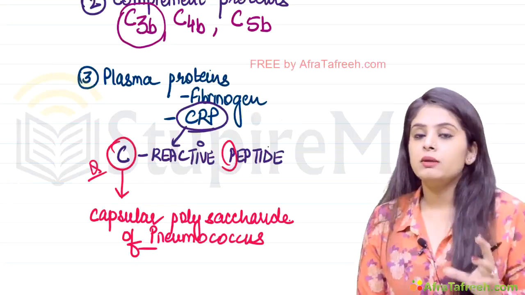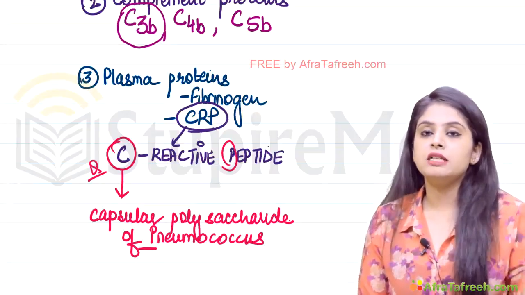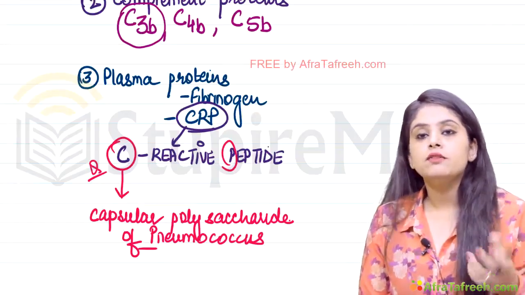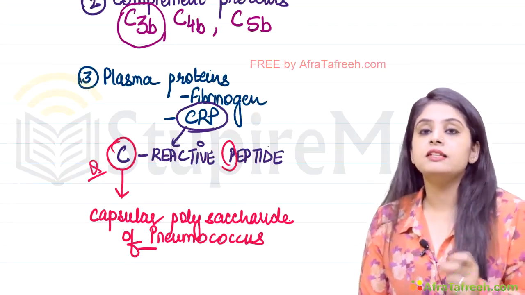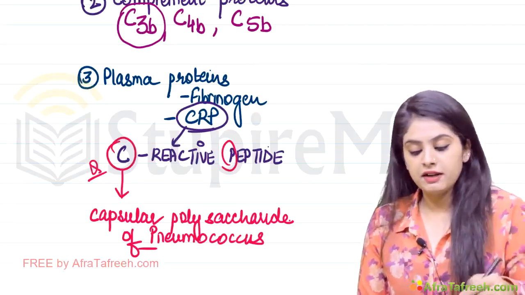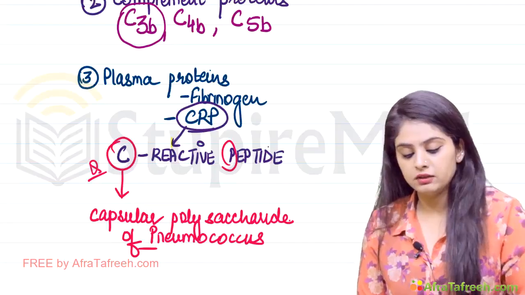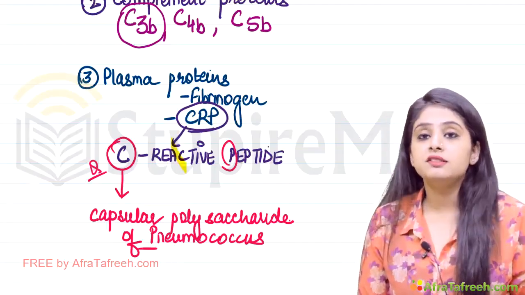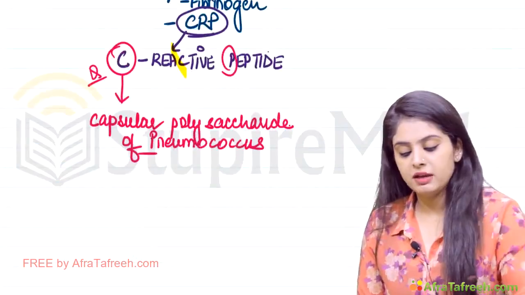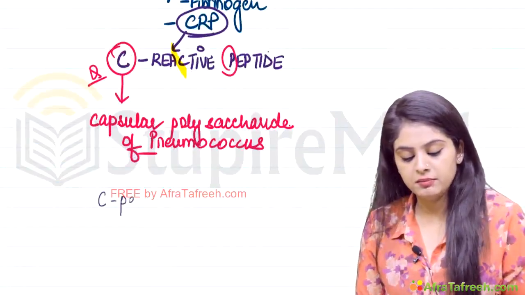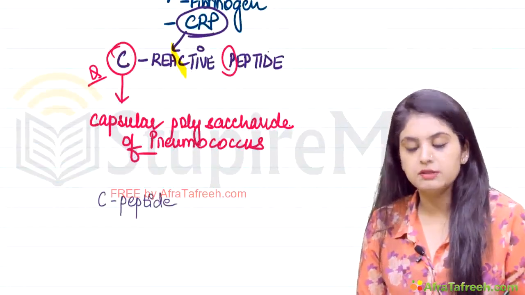Now one more thing before we proceed, something which links us to medicine. Have you heard of a similar term? This is C-reactive peptide. If I remove the reactive over here, what am I left with? C-peptide. So you must have come across a term that is C-peptide, and where have you come across this term?